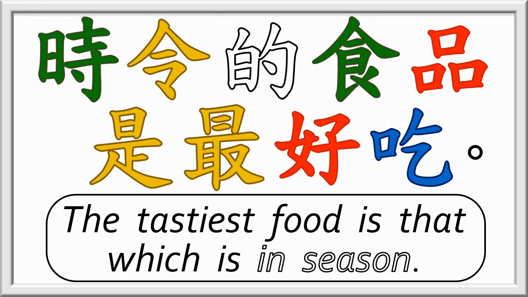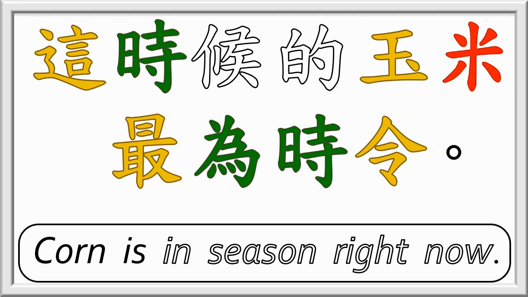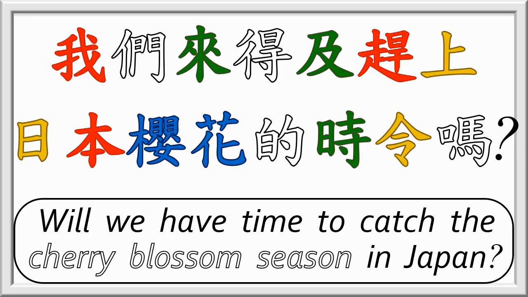But the natural world also has its own rules according to the seasons of the year, which Chinese calls the order of the moment, 时令。时令的食品是最好吃。The tastiest food is that which is in season. 这时候的玉米最为时令。Corn is in season right now. 我们来得及赶上日本樱花的时令吗？Will we have time to catch the cherry blossom season in Japan?